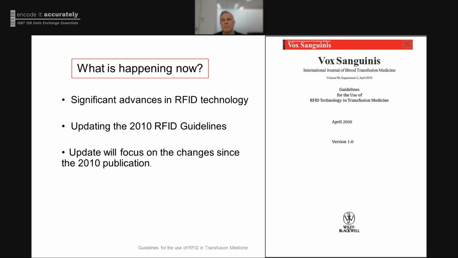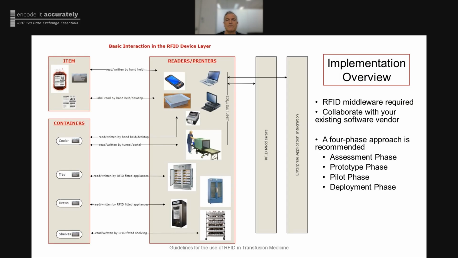The update is written for all those who are interested in using RFID in transfusion medicine, including blood products, autologous blood donation and cell salvage, cellular therapy products, tissues, organs, and other medical products of human origin. I'll make some remarks on the implementation, followed by some general considerations and observations about RFID in transfusion medicine.